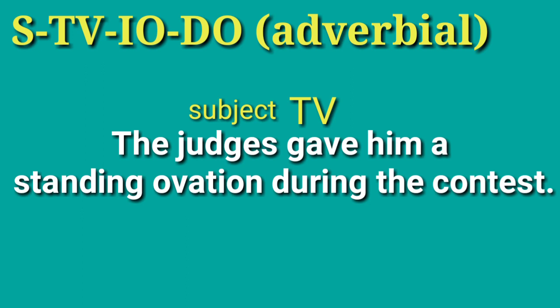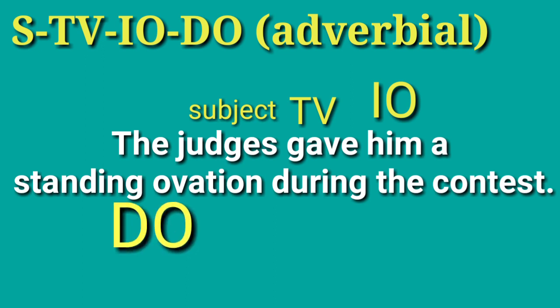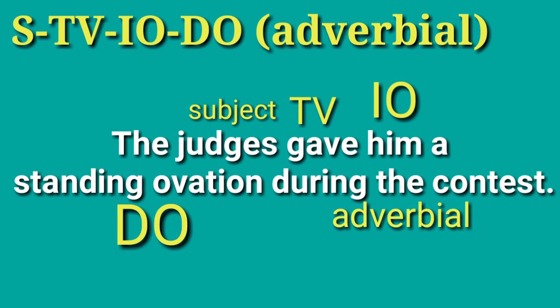Him. So him here is our IO or indirect object. What did the judges give him? Standing ovation. So standing ovation is our direct object. During the contest is an adverbial answering the question when and in the form of a prepositional phrase.